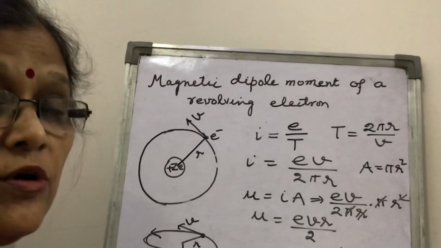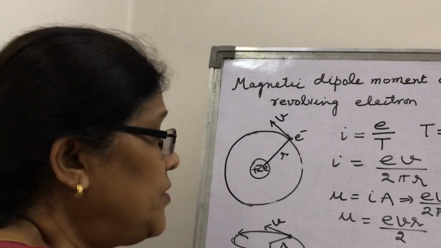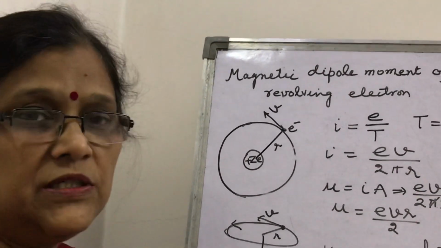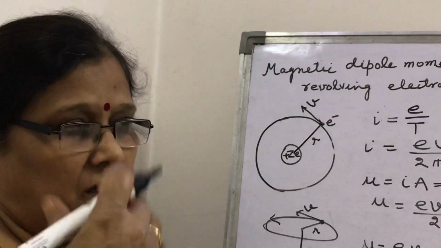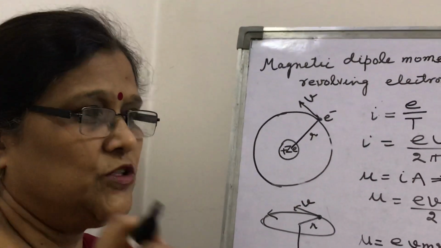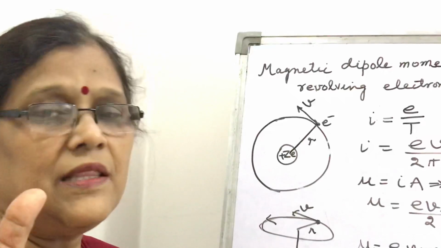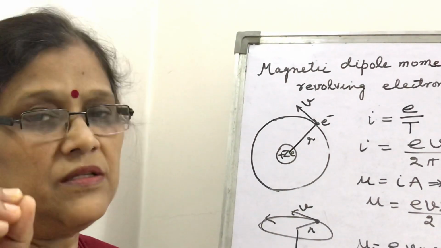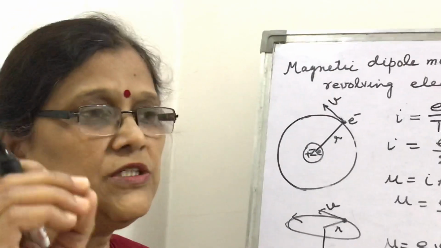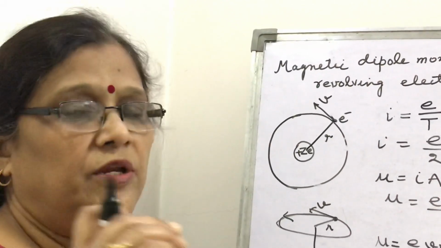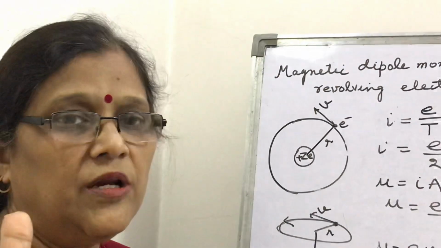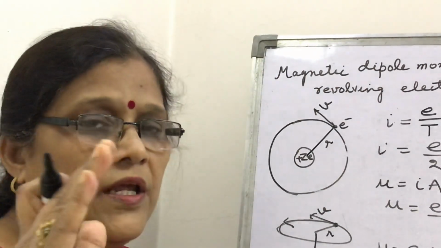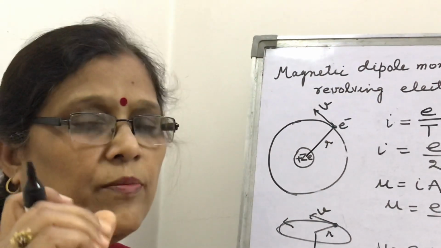Now, what is Bohr magneton? You know, according to Bohr's hypothesis, any electron in the atom which is revolving around the nucleus in orbits will have its angular momentum an integral multiple of h upon 2 pi.